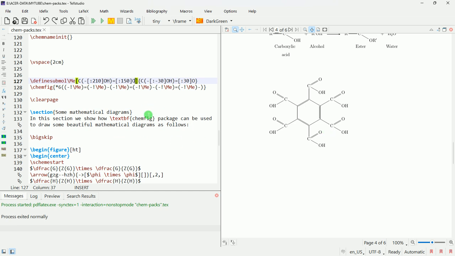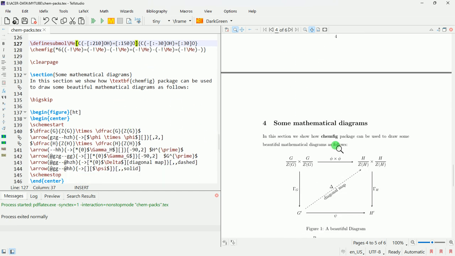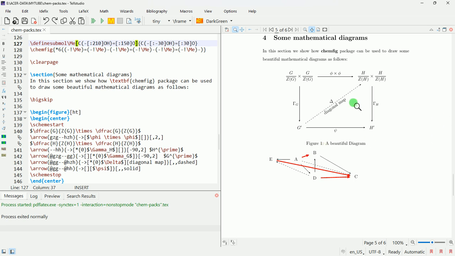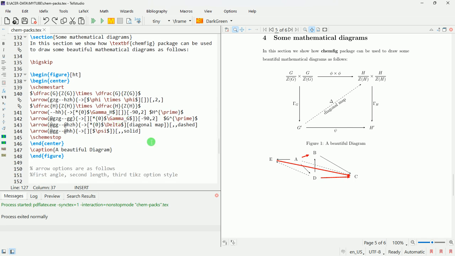Now let us go to the mathematical diagrams, which are our main interest. Look at this mathematical diagram. Without using this package, if you want to draw this diagram, you have to do lots of calculation. I just make it slightly bigger so that you can see it.